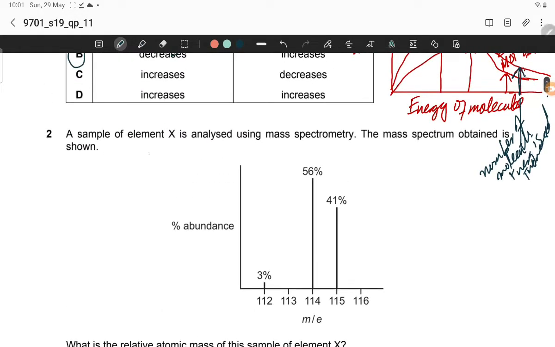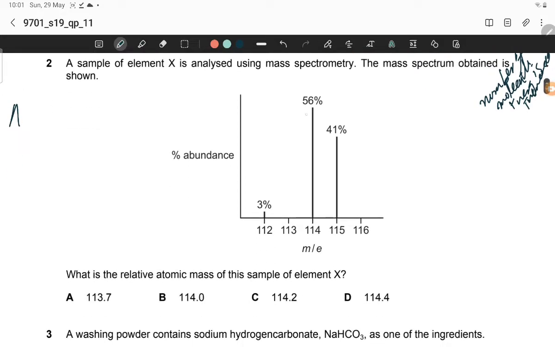Question number 2. A sample of element X is analyzed using mass spectrometry. The mass spectrum obtained is shown. These are the isotopes with percentage abundance.